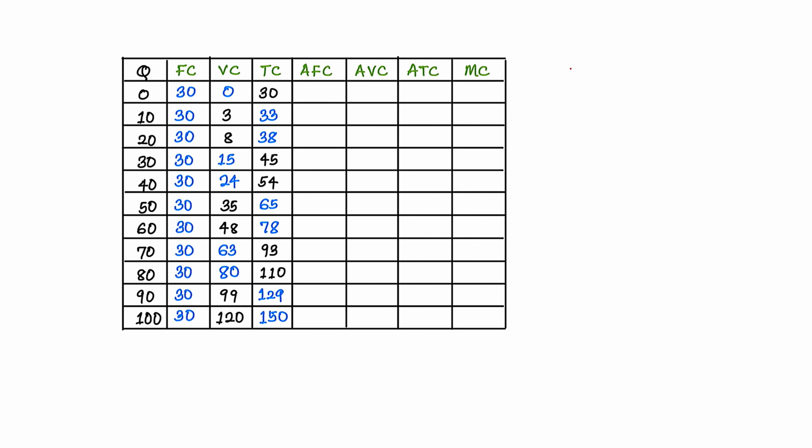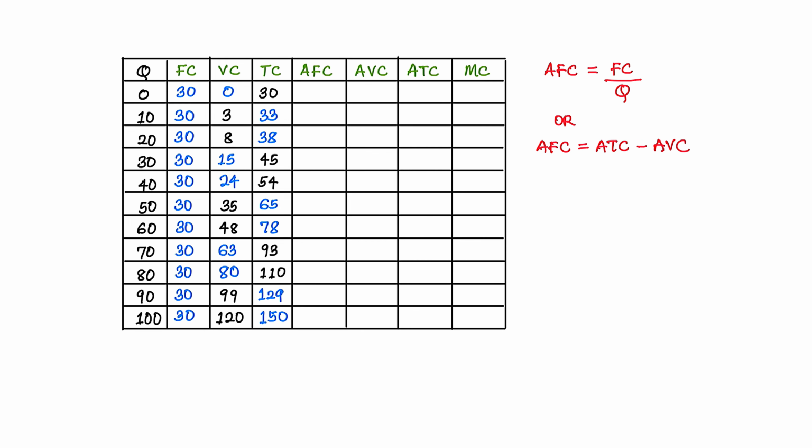Next, we need to learn the calculation of the average fixed cost. So the average fixed cost is equal to fixed cost divided by quantity, or average fixed cost can also be calculated as average total cost minus average variable cost.